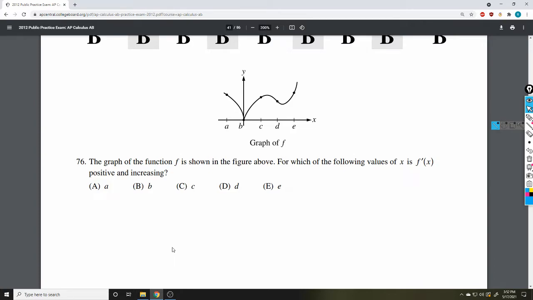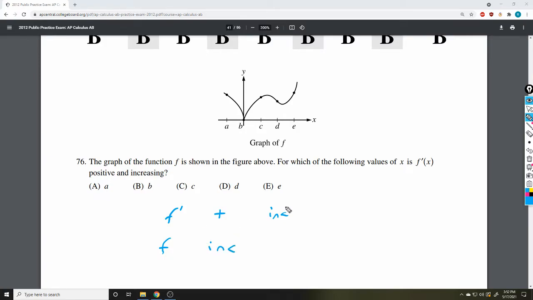So, with that being said, for which of the following is f prime positive and increasing? Well, f prime being positive means that f is increasing.